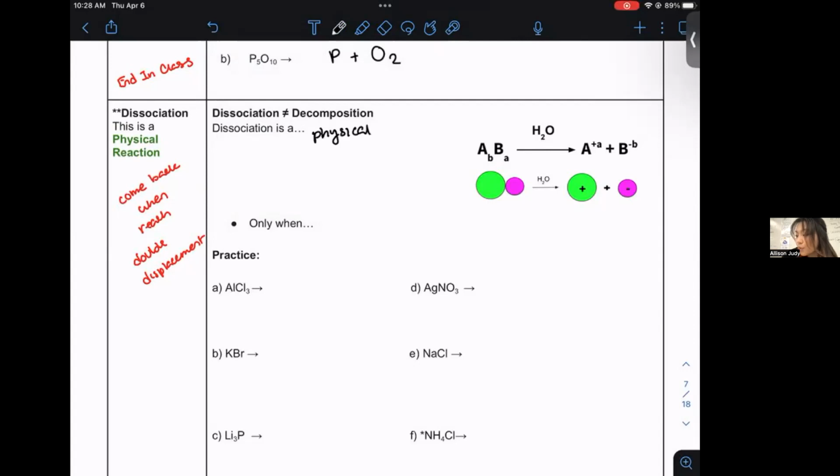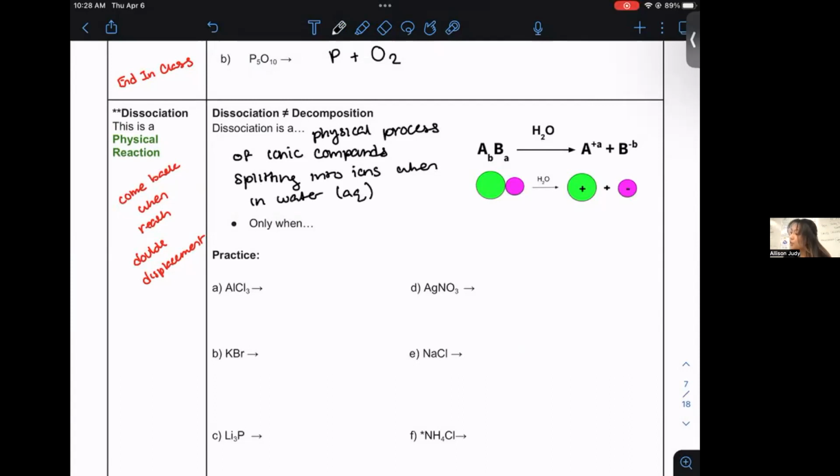It is a physical process of ionic compounds splitting into ions when in water. That's what we call an aqueous solution, right? So it's only when in water. I cannot emphasize that enough. It's only when in water.